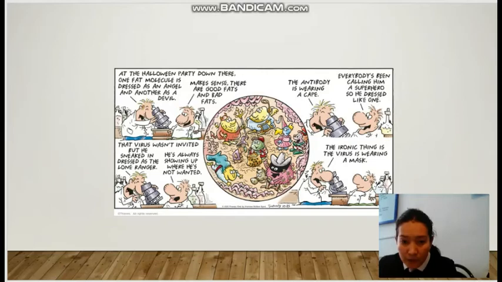That virus wasn't invited, but he sneaked in dressed as the Lone Ranger. So here is the irony: the antibody is wearing a cape. The ironic thing is the virus is wearing a mask.